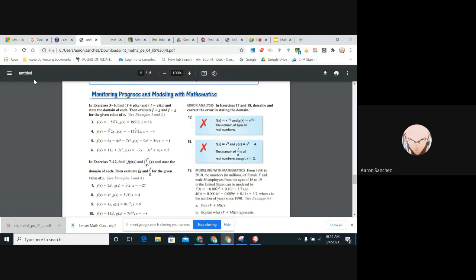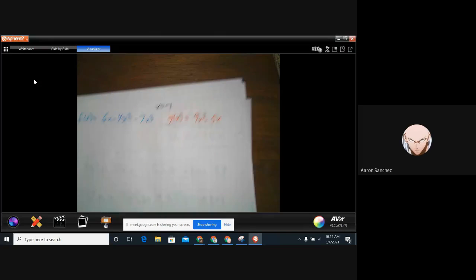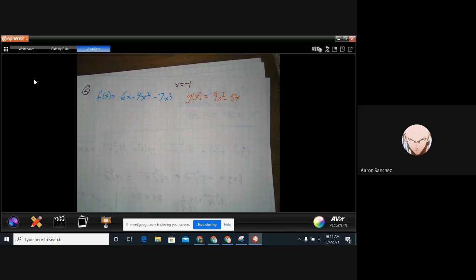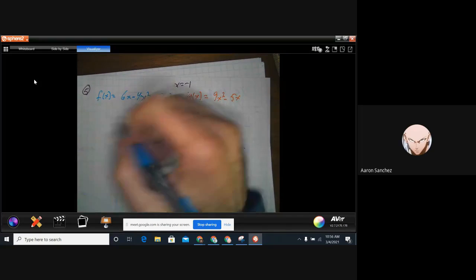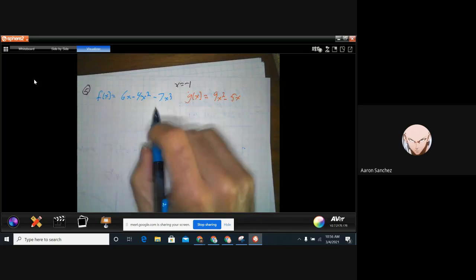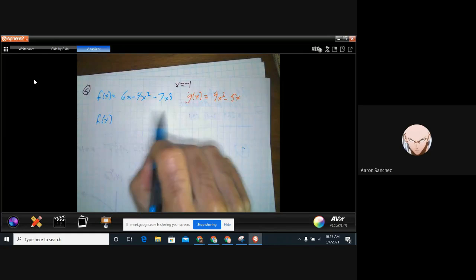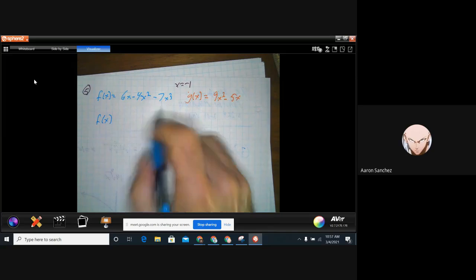So real quick, before I start doing roll, I want you guys to go ahead and do this. What I would do is, to make it easier, I'd put it in ascending order with the exponents.